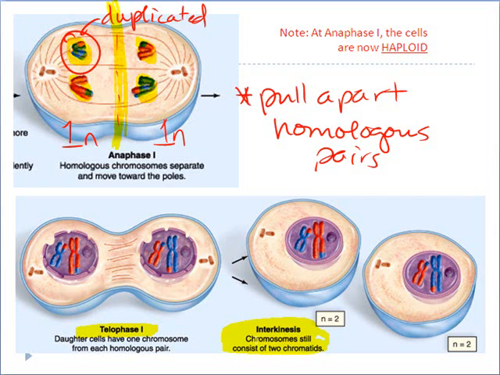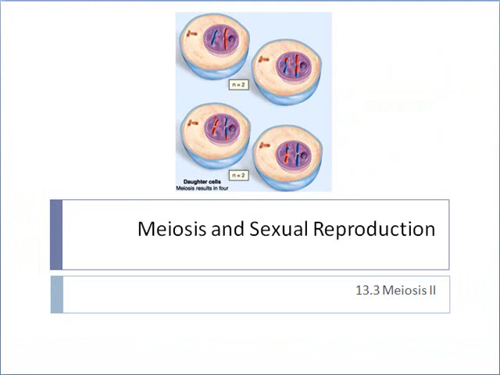This is called interkinesis, and it's sort of a waylay point. We're not quite done yet. We did go through, by the way, cytokinesis 1 here. You can see because we have separated into 2 separate cells, cytokinesis 1. All right, now we're going to go through the second round of meiosis, called meiosis II.